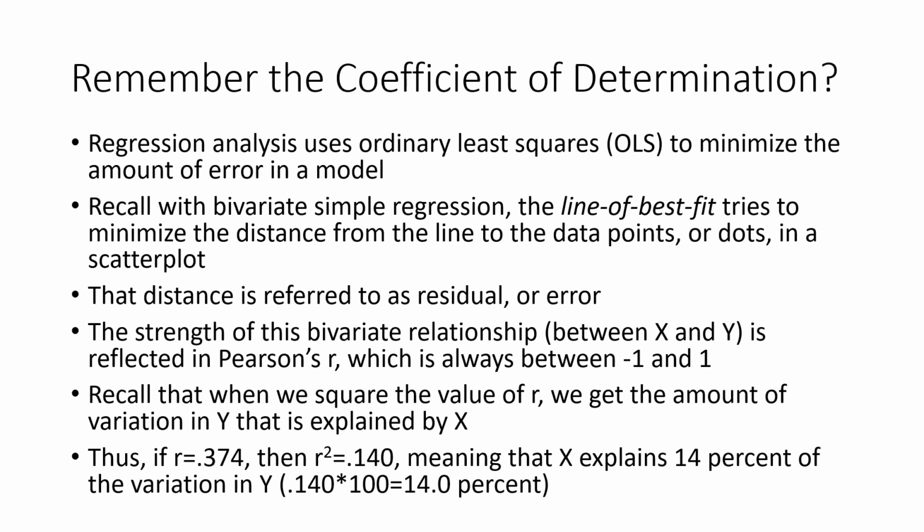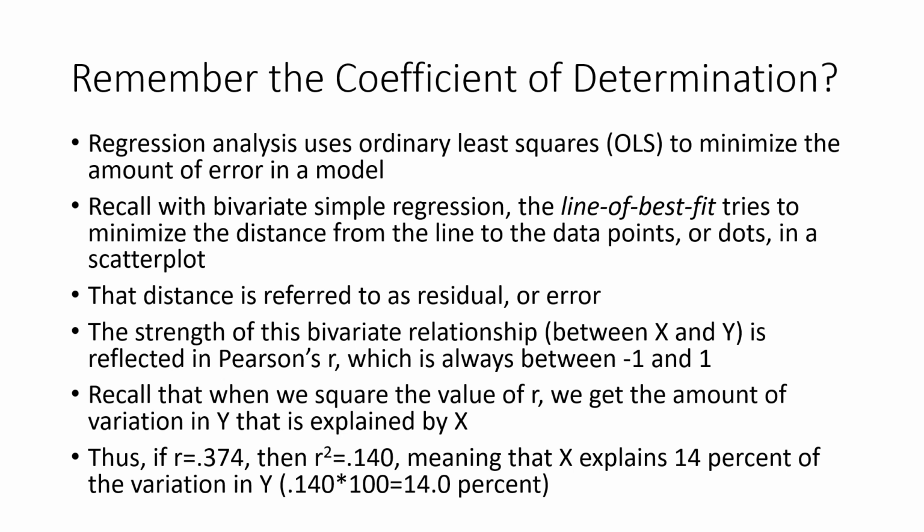Hopefully you remember from our previous chapter, chapter 8, where we looked at simple regression, the concept of the coefficient of determination. Right? So just to give you a brief review, regression analysis uses what we call an ordinary least squares method to minimize the amount of error in your model.